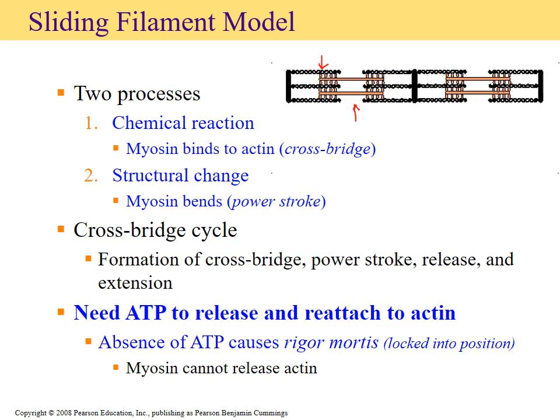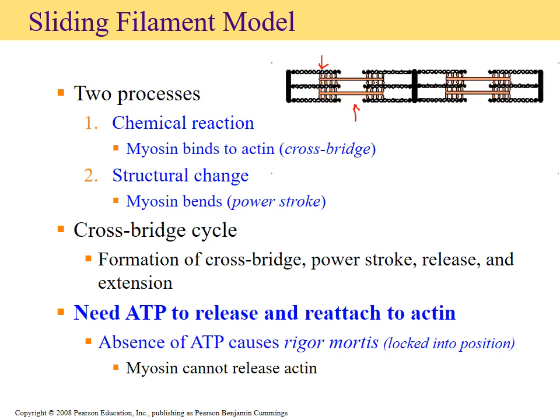The chemical reaction basically means a cross bridge. I need the myosin head to make physical contact with the actin binding site. So that's my first step. And there's my mime reaching with his hand to touch the rope. So the myosin needs to make physical contact with the actin, and that process is called a cross bridge.